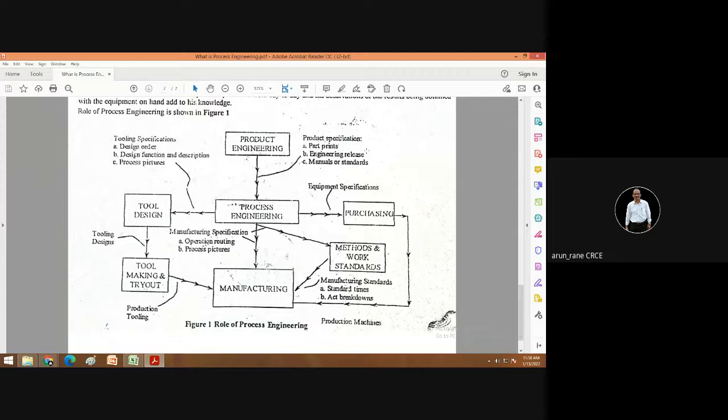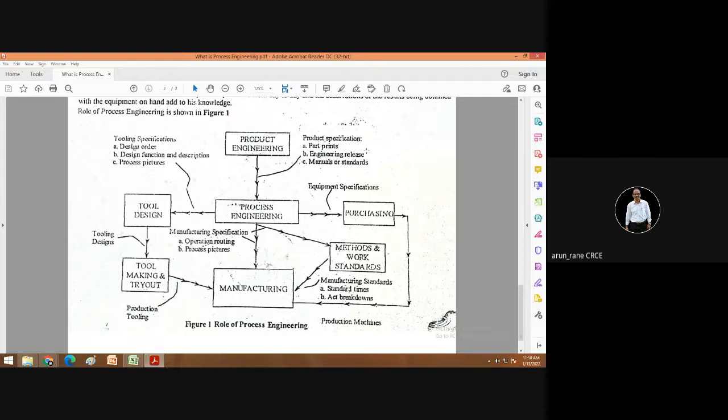GOST, that is a Russian standard. SAE, SAE 1640, SAE 2630. That is Society of Automotive Engineers.